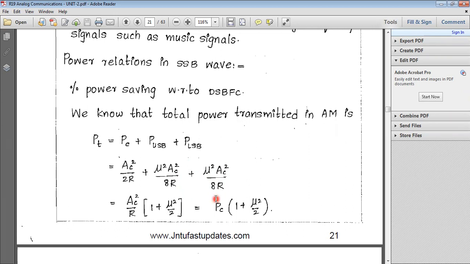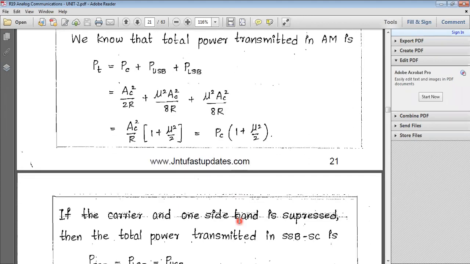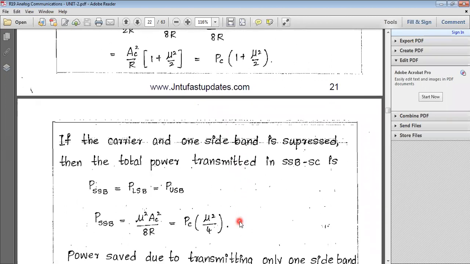Substituting the carrier power, USB power and LSB power, PT in AM is PC into 1 plus mu square by 2. What is PC here? PC is Ac square by 2R. So PT equals PC into 1 plus mu square by 2.